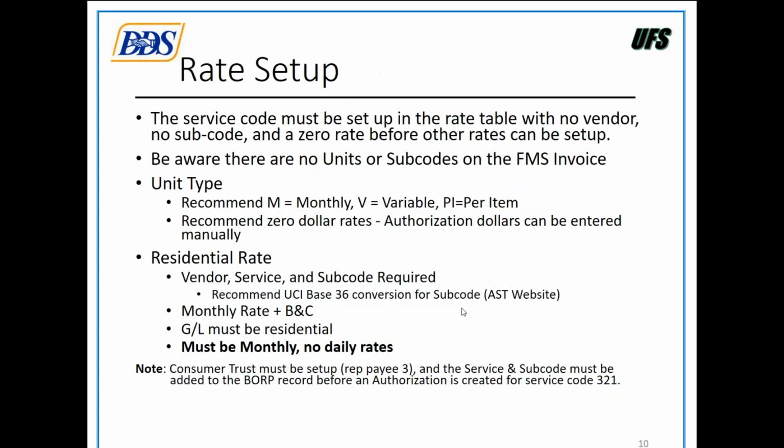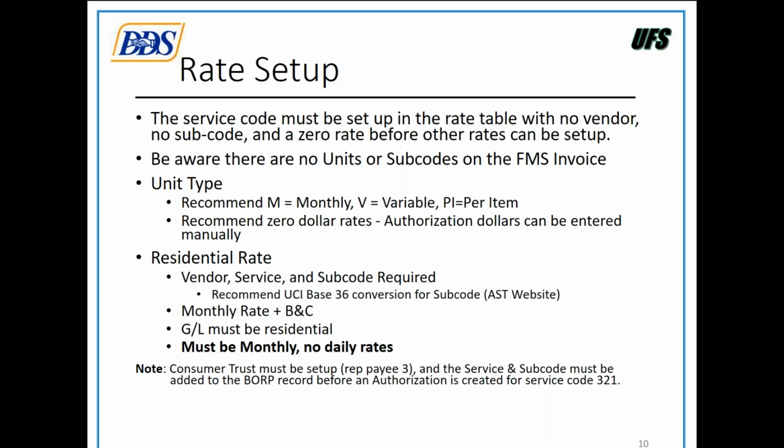So only for the residential, when you set up the rate, you're going to use a monthly rate. When you set up other rates, you don't know how much the person's going to be charging necessarily for the service. I think the only one that will actually have a set dollar amount is probably the FMS.